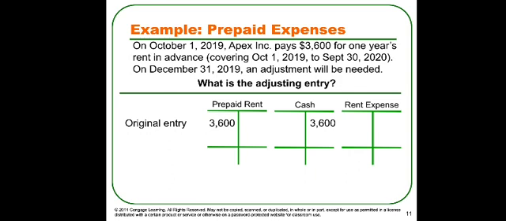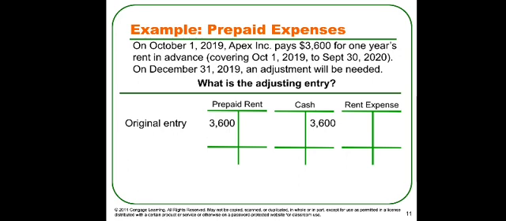So when you pay the rental on the 1st of October, the record in the journal is debit account prepaid rent, credit account cash. Prepaid rent is an asset account. You pay something for the future, so you pay the rent on the 1st of October. You can use the building for the next 1 year, so you pay something for the future. It is an asset, so you debit the account.